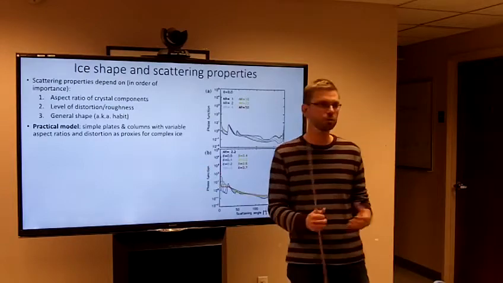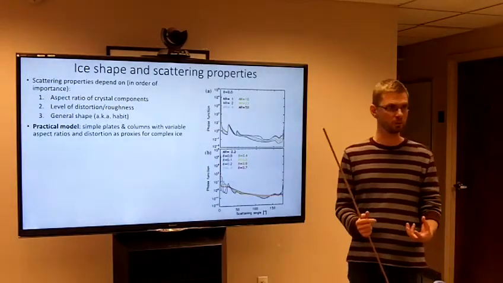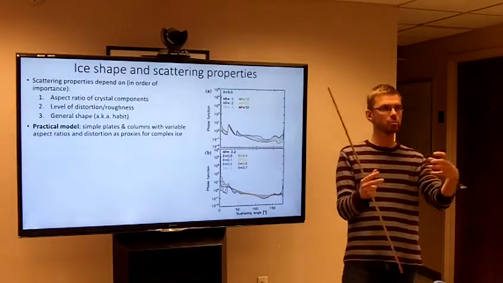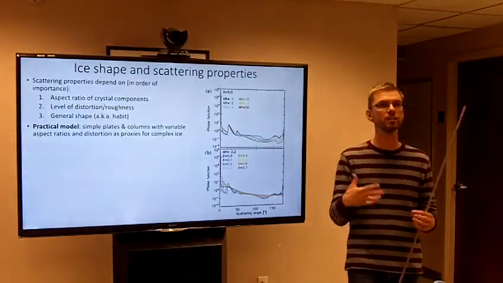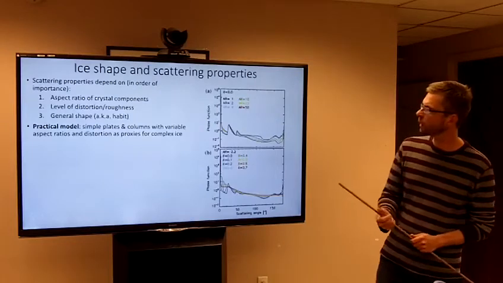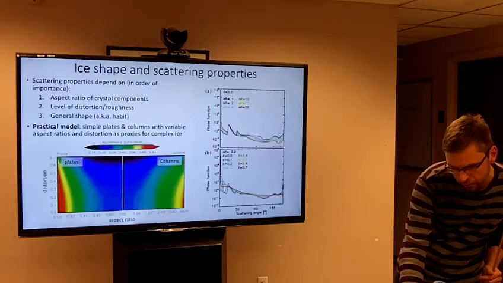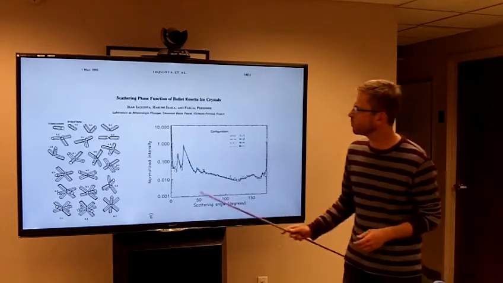And the level of distortion or roughness is very important. However, the general scale, or the general shape, so the macroscale, is least important.